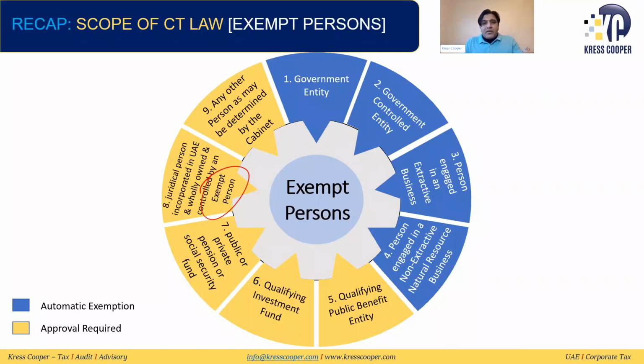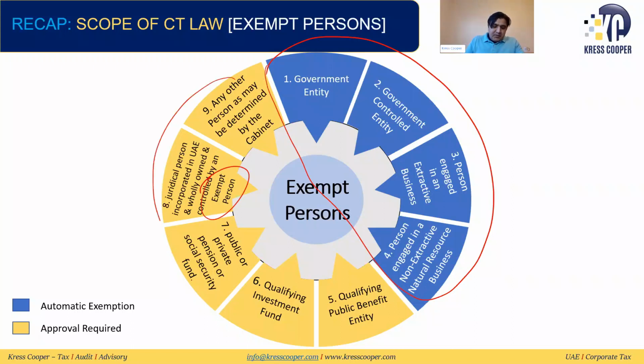Then at the end, any other person as may be determined by the cabinet in the decision will be considered an exempt person. The ones colored in blue will be exempt from UAE corporate tax automatically, and the other persons will have to apply for exemption to the respective authority.